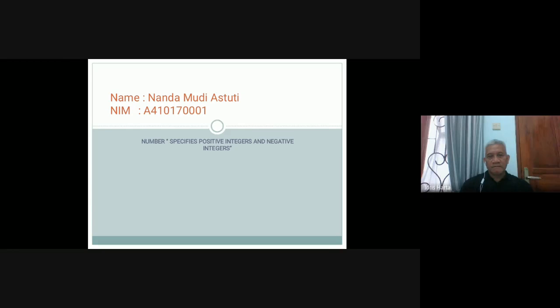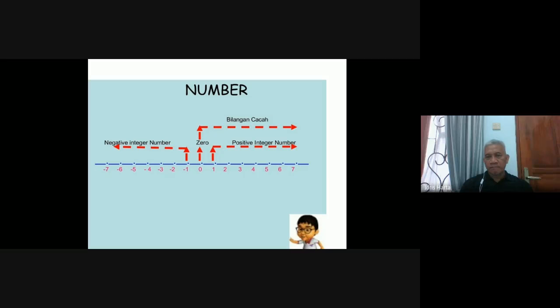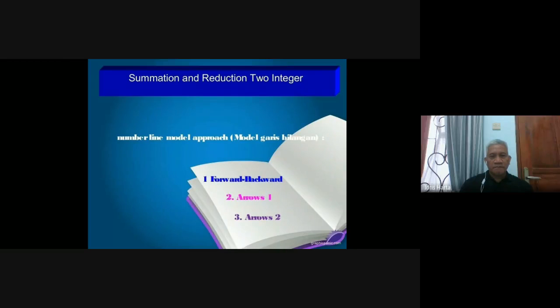Okay, now I will explain about numbers, specifically positive integers and negative integers. Numbers consist of negative integers and positive integers. Summation and reduction of integers, number line model approach: first, forward and backward.